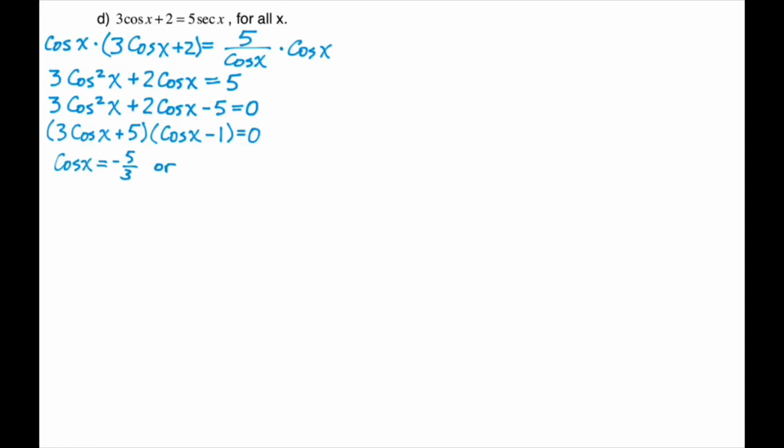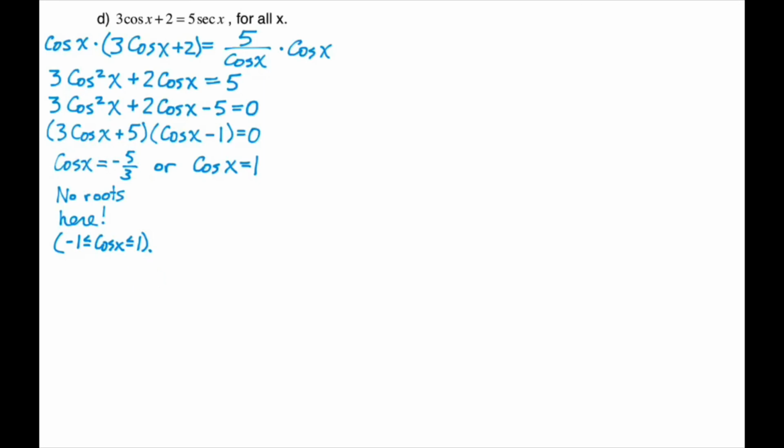For the first factor, you're going to have that the cosine x is equal to negative 5 over 3. Well, of course, cosine can't be negative 5 over 3. Cosine has to be between negative 1 and positive 1.